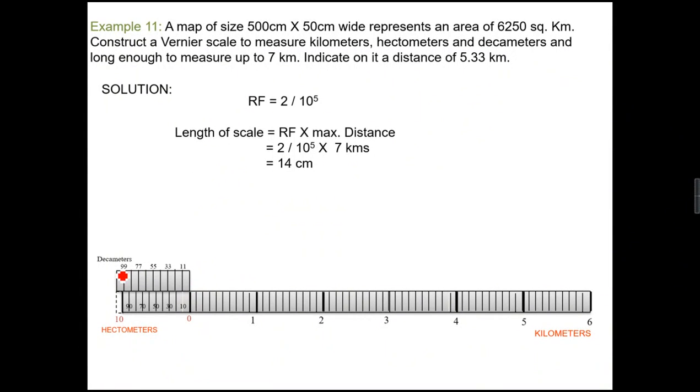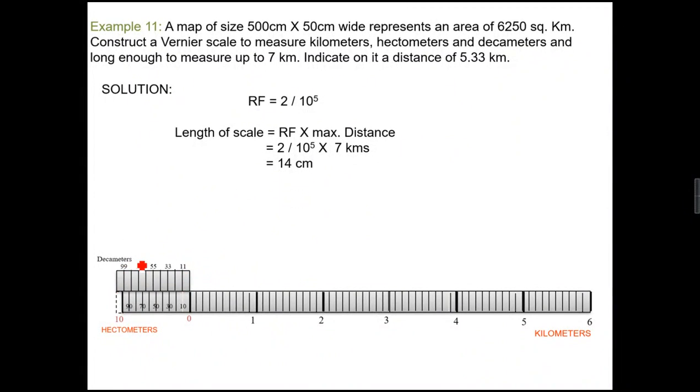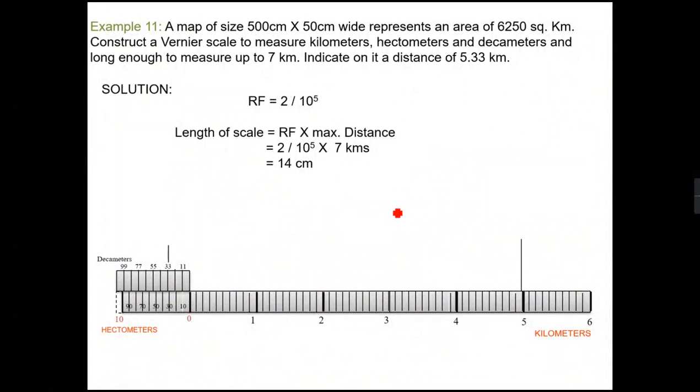Then dividing it into 10 further parts, each part will represent 1 decameter. Then we have to show the distance of 5.33 kilometers on it.